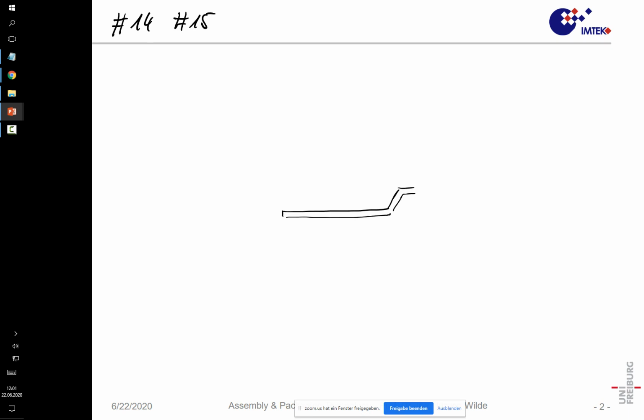Here is the lead frame. The leads maybe are not so important here today. And to that, here we have a molded package.